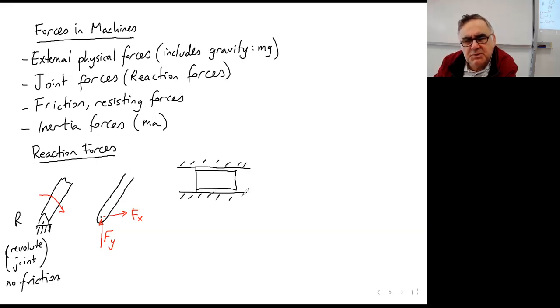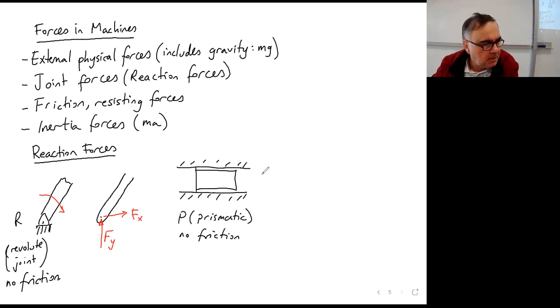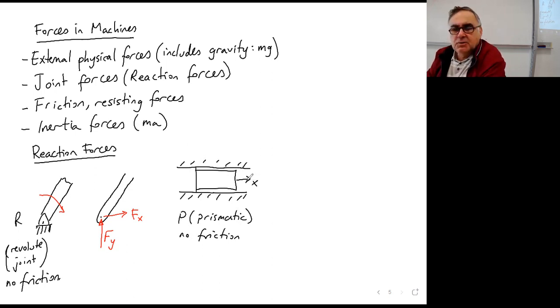If you remove this prismatic joint, again, no friction, let's say. This would be moving in the X direction, but it is not moving in the Y direction. Motion in the Y direction is prevented, and also the rotation is prevented.